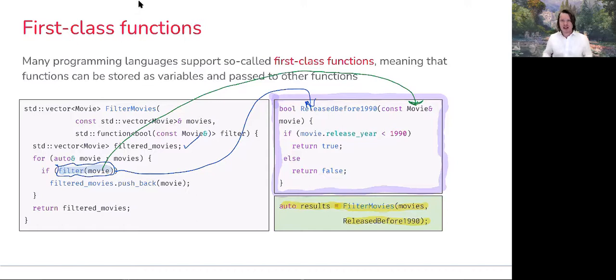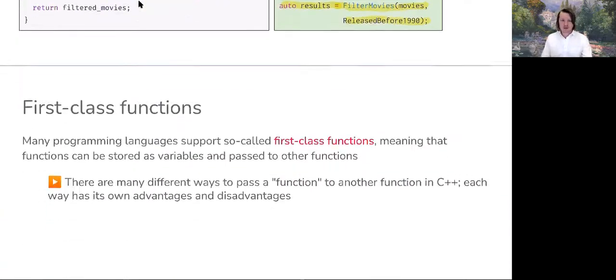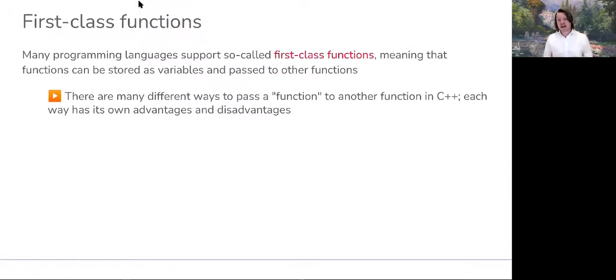If you begin thinking about how this changes how the code looks, it's a slight shift from the imperative to more of this declarative way of asking for and receiving and then performing different computations accordingly. So again, to reiterate, there are many different ways to pass a function.